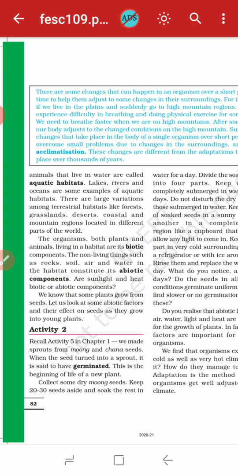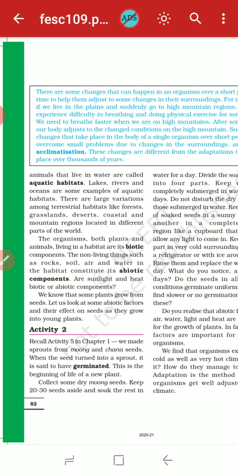Abiotic means the natural non-living things: rock, soil, air, water. Are sunlight and heat biotic or abiotic? Sunlight and heat are abiotic components, because they are not living things.